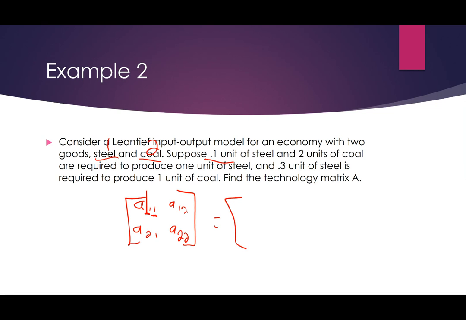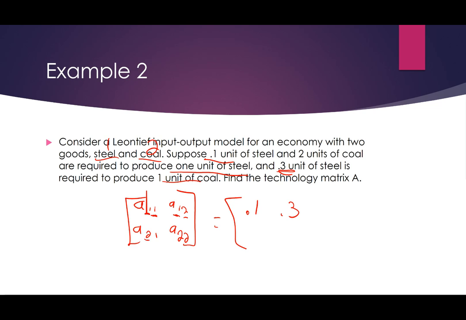Well, we'll use 0.1 unit of steel in the production of 1 unit of steel. So 0.1 is that value there. A12 is how much steel to make coal. And you can see it takes 0.3 units of steel to make 1 unit of coal.